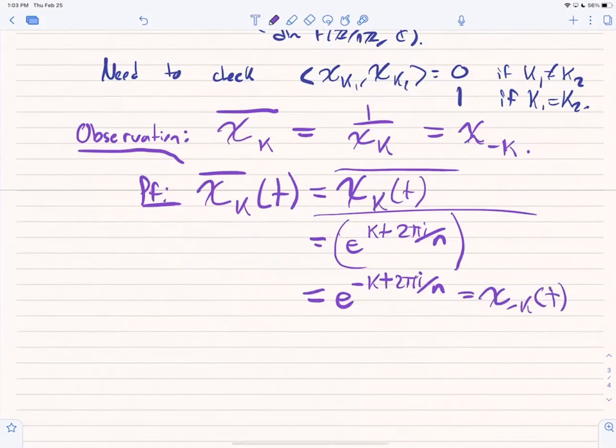Depending on what you've been up to, you might not have thought about complex numbers in a while. One important thing to remember that's always true is that for something on the unit circle, conjugation is the same as inverse, because z times z bar is the absolute value of z squared. If the absolute value of z is 1, then z times z bar is 1. That's why this is also the reciprocal.